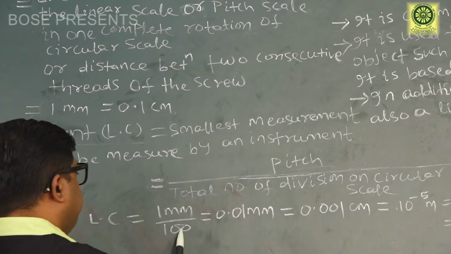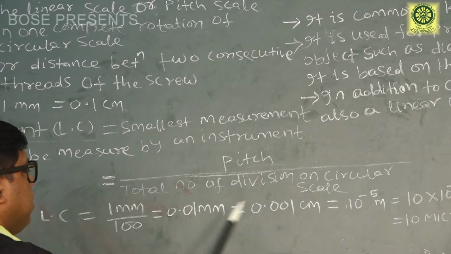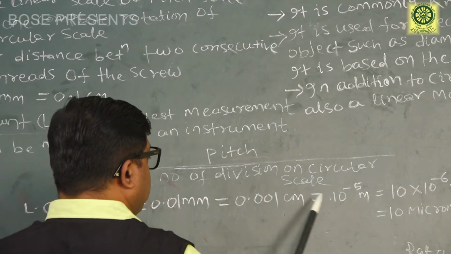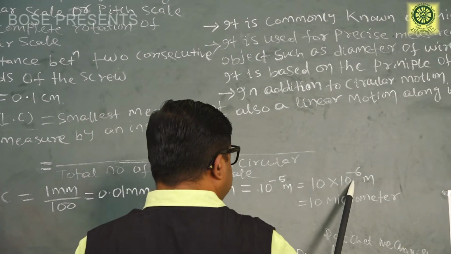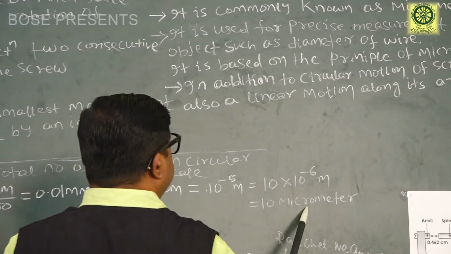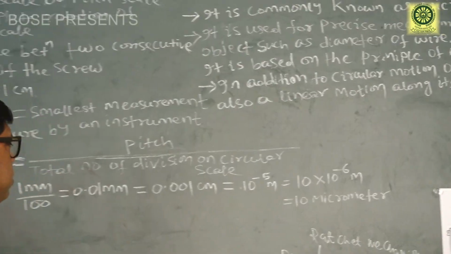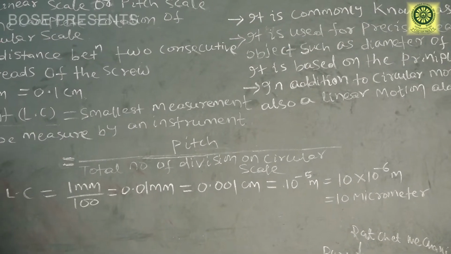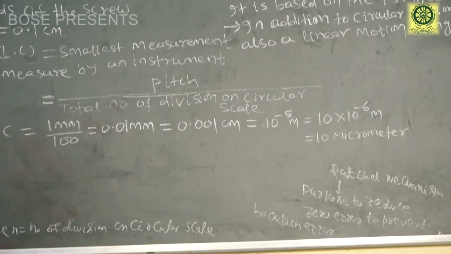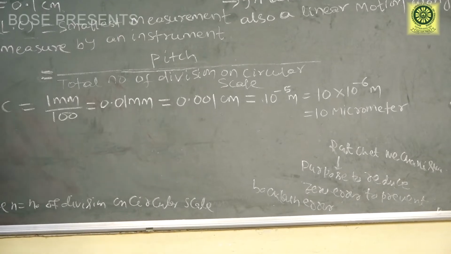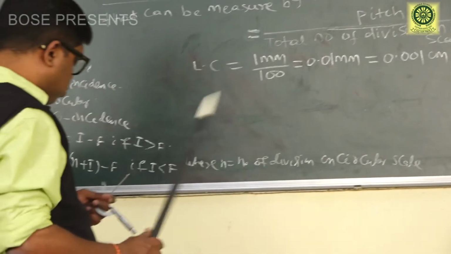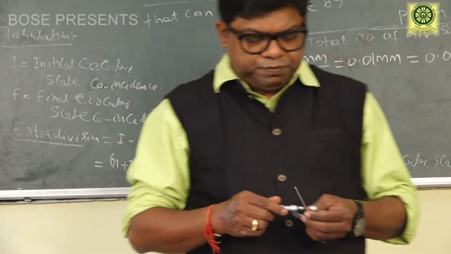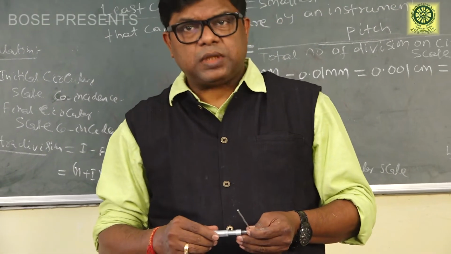So 1 millimeter by 100 is 0.01 millimeter, or 0.001 centimeter, or 10 to the power minus 5 meter, or 10 micrometer. Since the least count is of the order of a micrometer, it is also called the micrometer screw gauge.